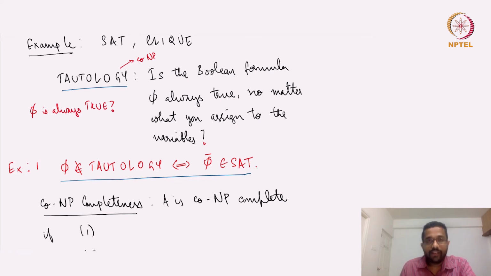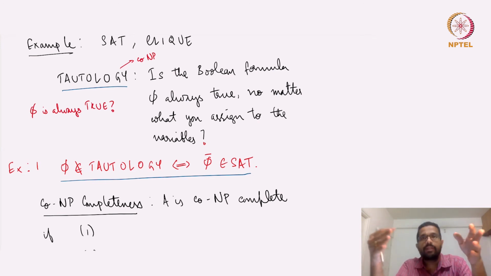The complement means just flipping the evaluation. So phi does not always evaluate to true, and phi complement does not always evaluate to false, which means phi complement sometimes evaluates to true. In other words, phi complement is satisfiable.